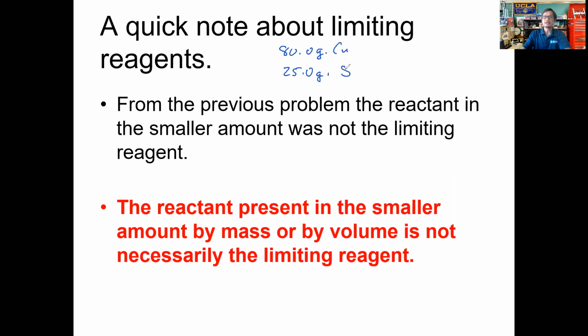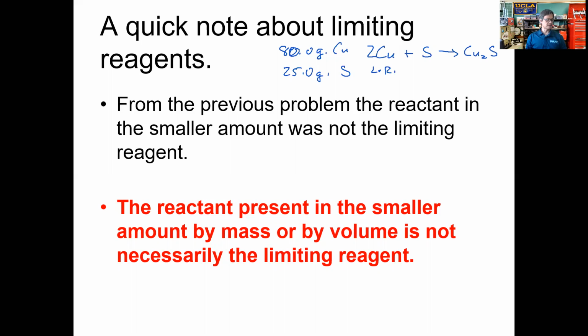Given these amounts, it looks like we have a whole lot more copper than sulfur. But within the context of the reaction, which was the reaction forming copper(II) sulfide, we saw that the limiting reagent actually was copper.